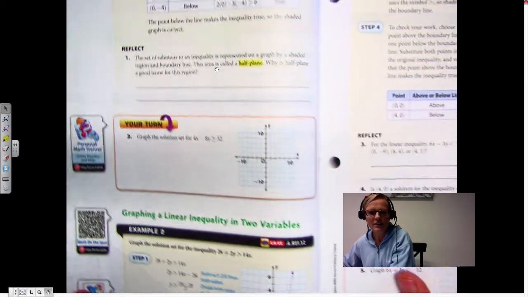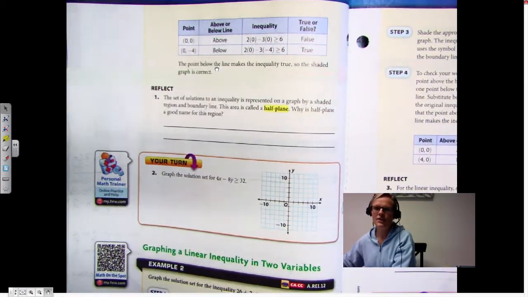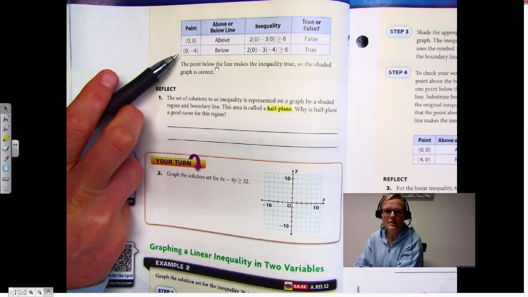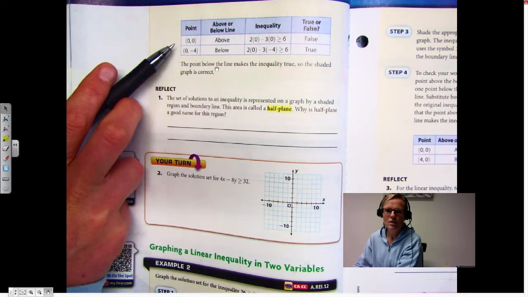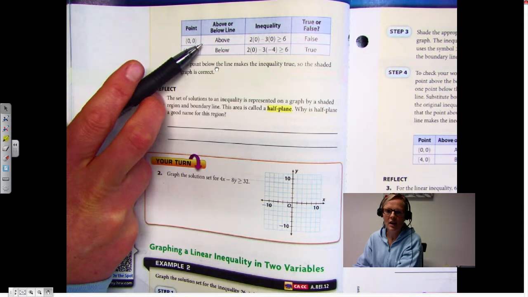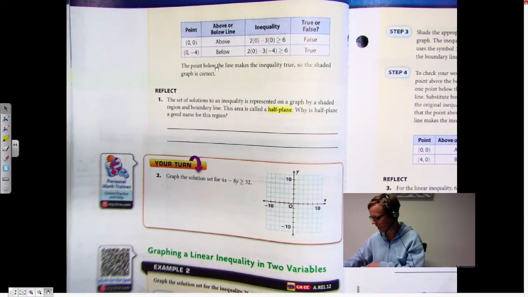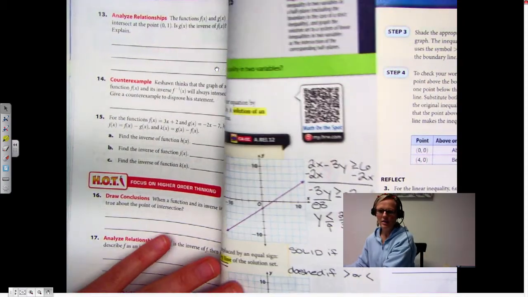So what they've done here on the top of the next page is they chose 0, 0 and 0, negative 4. So 0, 0 is clearly above the line in our graph, and 0, negative 4 is clearly below the line. Let me just flip back really quickly so you can see what that means.